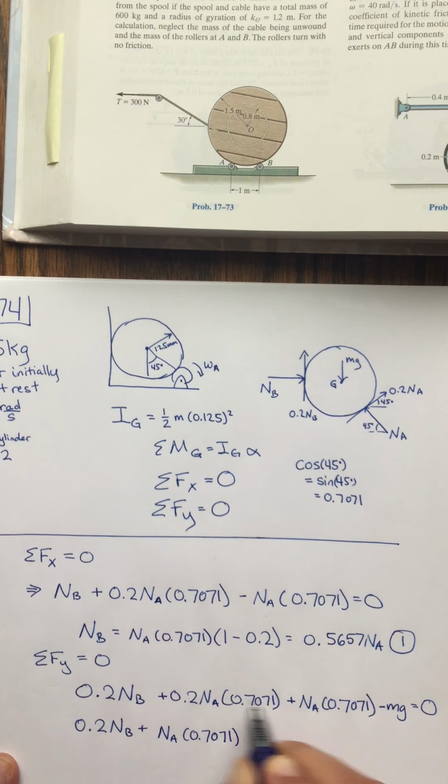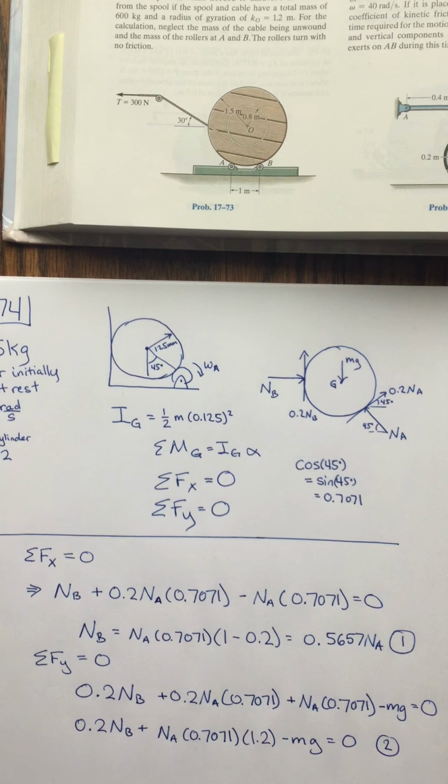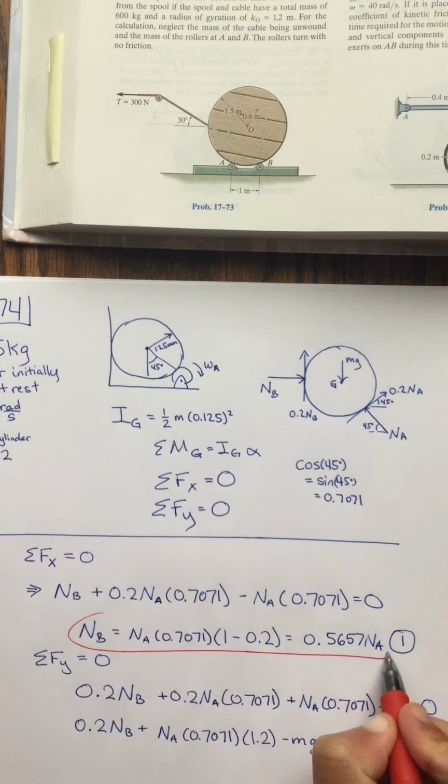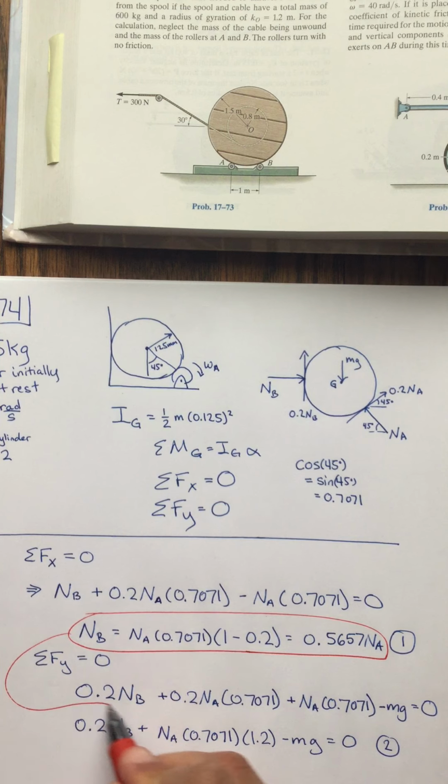Then I have 1 plus 0.2, so that's 1.2 for these two terms added together, minus mg is equal to 0. Well, let's call this equation 2. Then I can take what I have for equation 1 here, and I can put that in for NB and solve.